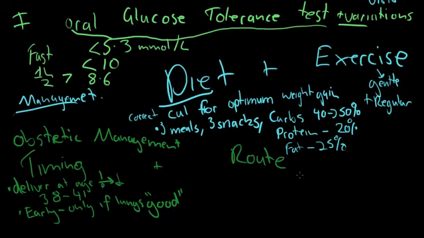Now route: vaginal delivery is generally preferred, and it can be induced only if lungs are good.